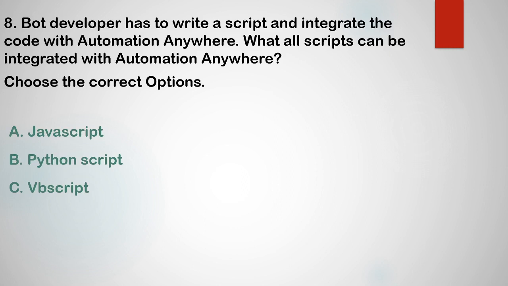I didn't move back to previous questions. That's a suggestion from my side. When you appear for the certification, please take a look at the screen and what options you have. If you do not have the option to move back to the previous question, do not skip any question; attempt all the questions in one go. This was one of the suggestions, and I will share more suggestions with you in my upcoming videos.